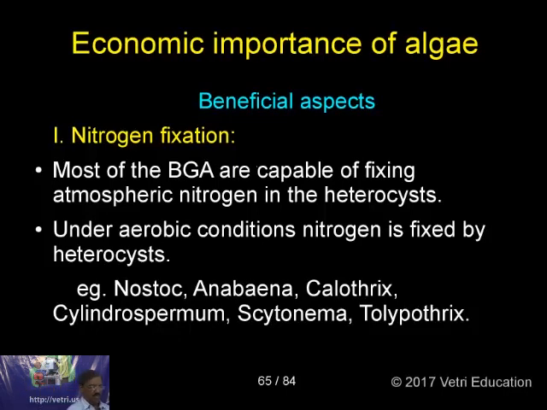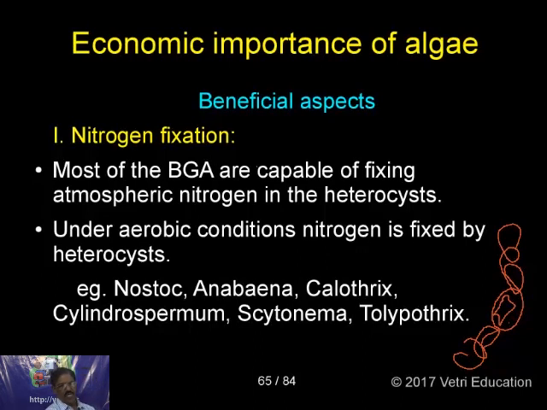So if you happen to see the blue-green algae, in blue-green algae there are some heterocysts. There are bigger cells and these are small cells. The bigger cell is known as the heterocyst. It only fixes the atmospheric nitrogen and supplies it to the soil. So under aerobic conditions, nitrogen is fixed by these heterocysts.